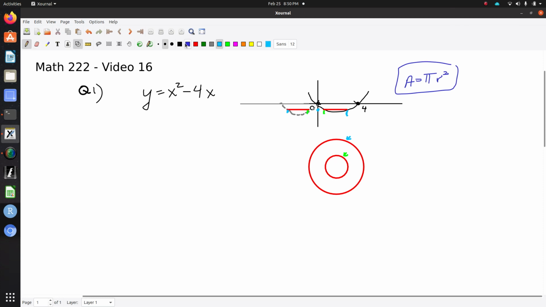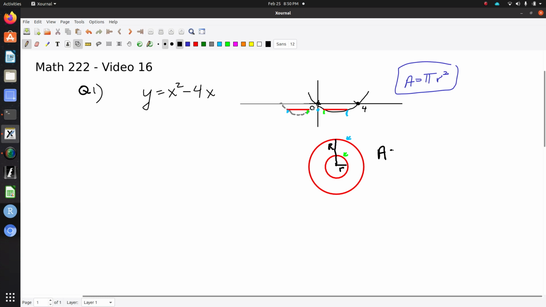This distance here is the small radius, and this distance here is the big radius. I'm going to call the big one capital R and the small one little r. Some people call it R1 and R2. That's fine.